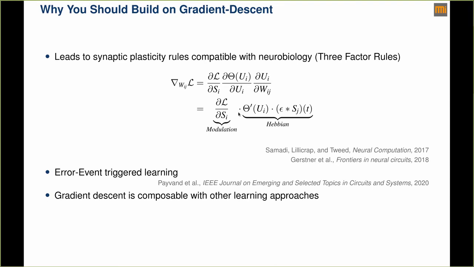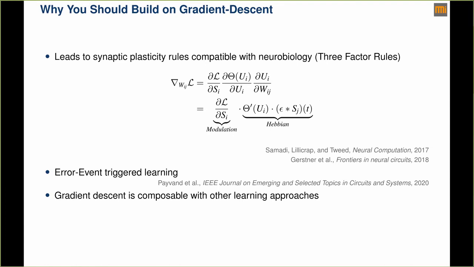Well, you can just truncate that computation to just a couple of Jacobians. In other words, you can assume that you calculate the errors for these neurons, or in this term here, using methods that are not gradient based, but that target is achieved at the neuron using a gradient-based method. So this is what I mean that gradient descent is composable with other learning approaches.